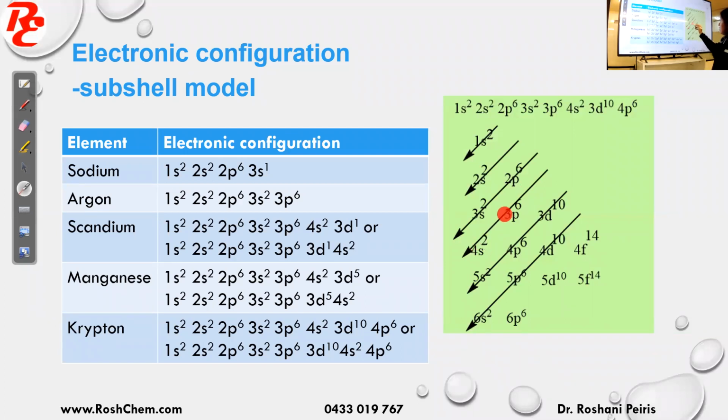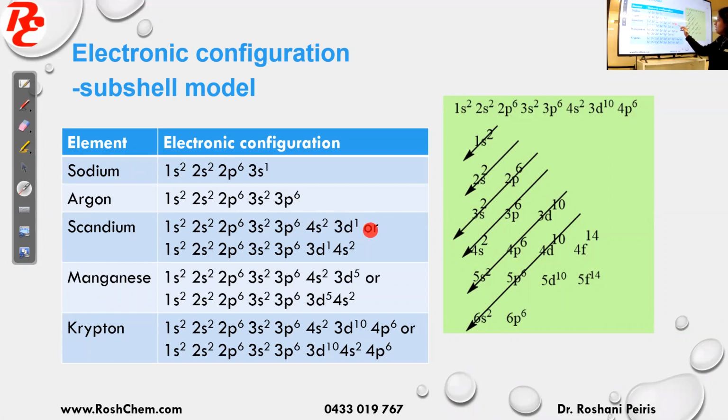So 3p6, 4s2, then 3d. Up to 4s2, it's 20. Now I want to make it 21, so I write 3d1 only. So scandium is 1s2, 2s2, 2p6, 3s2, 3p6, 4s2, and 3d1.